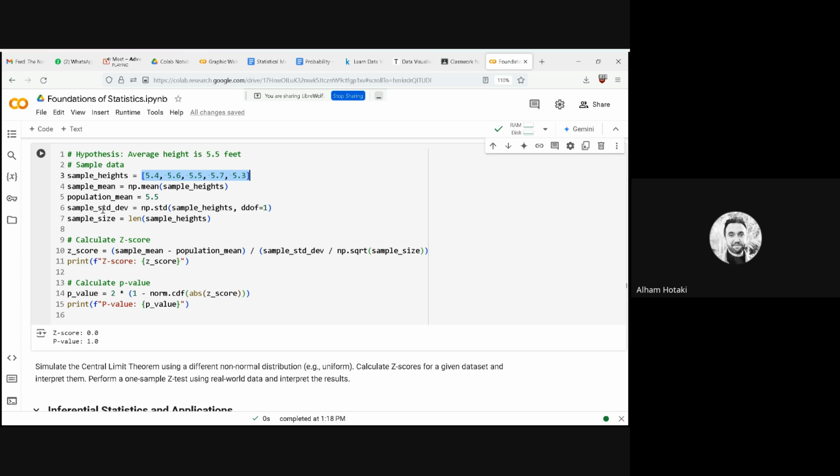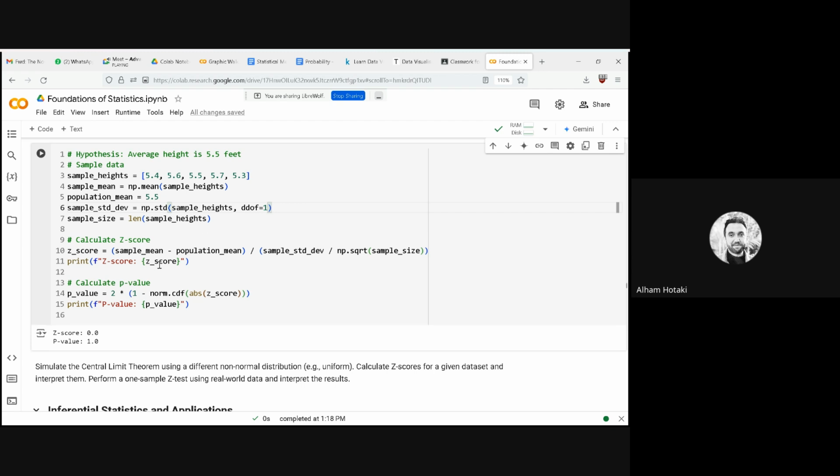Now, for the sample, we have to find the standard deviation. So this is how we calculate the standard deviation. Then the sample size: this is the length of the sample heights. So 1, 2, 3, 4, 5. So this is 5. 5 is the length of this list. Now calculate the z-score. How to calculate the z-score?